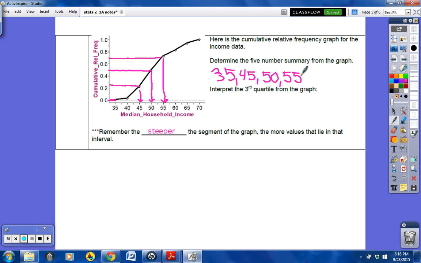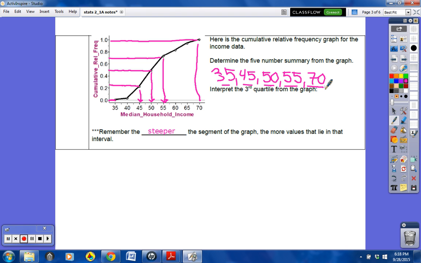And then I'm looking for my max value that happens at 100%, which is 70. And again, you probably want to use a measuring tool to make this a little bit more accurate, but you get the idea. We get our lowest value, our first quartile, our median, our third quartile, and our max value. So we're going back to that whole 5-number summary.